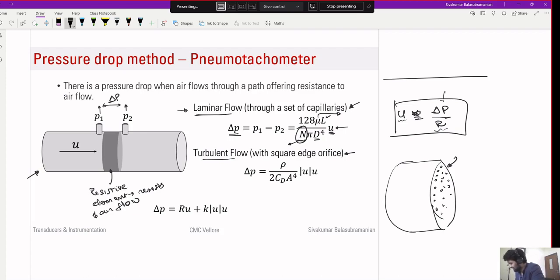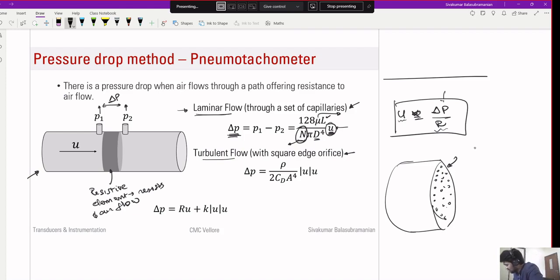Okay. When you have something like this, then a laminar flow assumption is a reasonable assumption, and your pressure drop is related linearly to your airflow velocity.